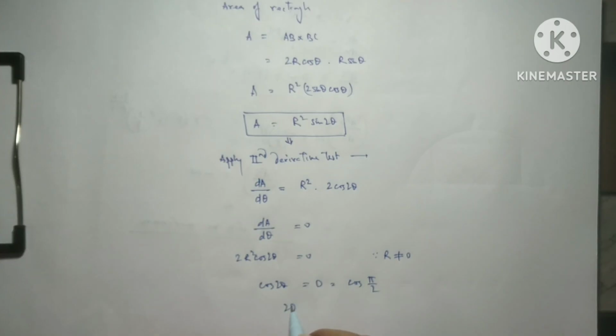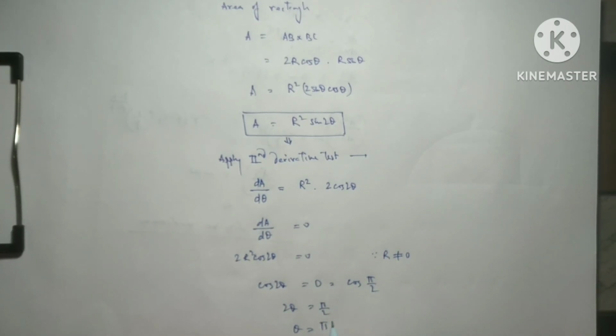So 2 theta is pi by 2, meaning theta is pi by 4. So this is the value of theta.